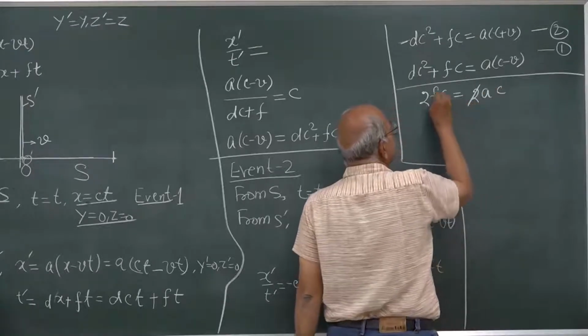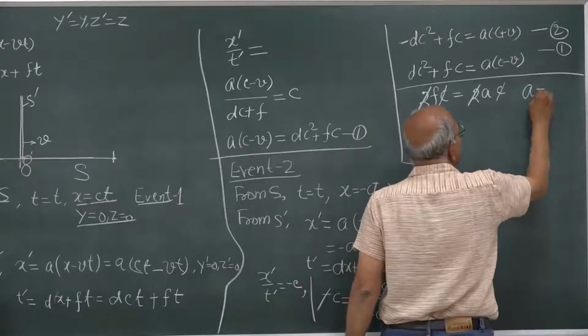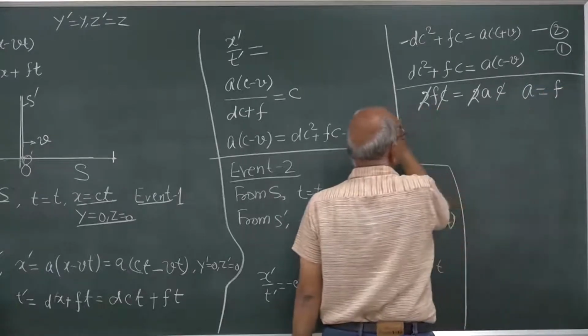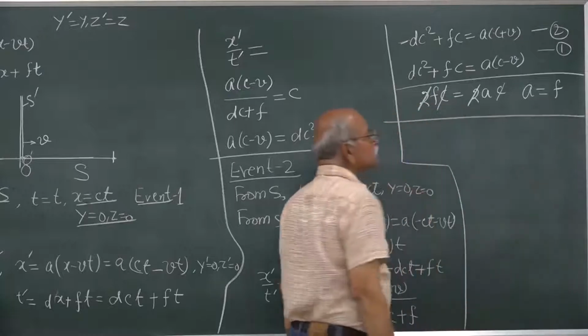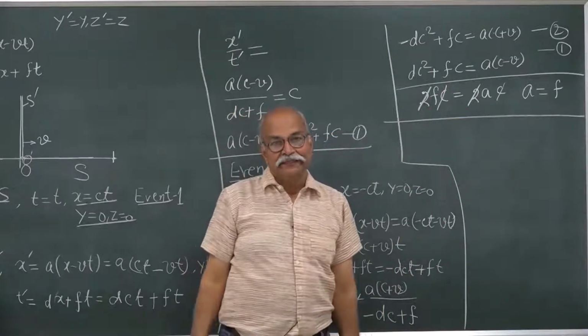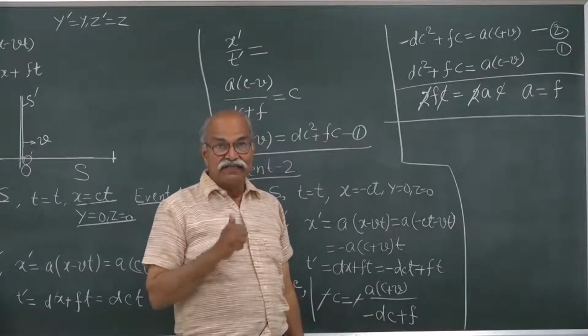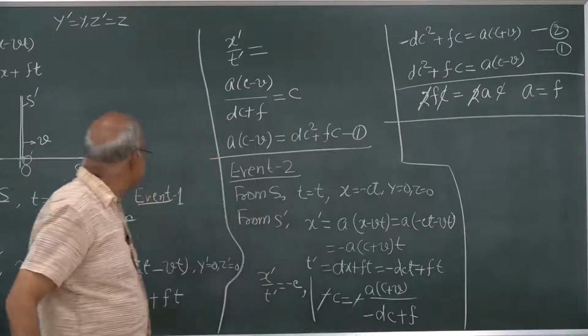The 2 also cancels out, c also cancels out and you get a is equal to f. From these two equations you get a equal to f. I need one more equation and therefore one more event. So, let us try that.